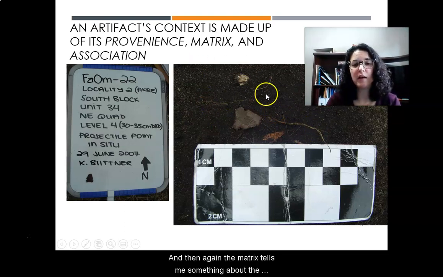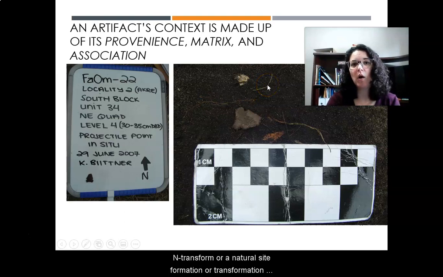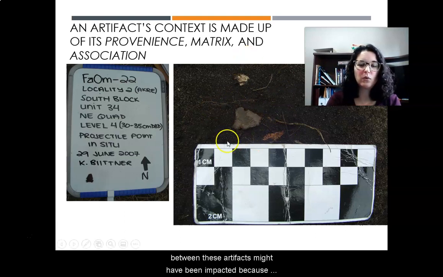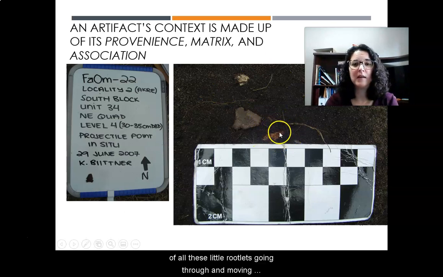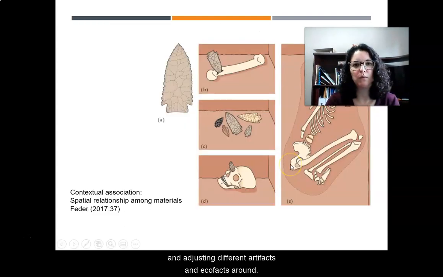And then again, the matrix tells me something about the preservation. We have all these little rootlets popping up through. That is what we call an N transform, or a natural site formation or transformation process. And so the association between these artifacts might have been impacted because of all these little rootlets going through and moving and adjusting different artifacts and ecofacts around.